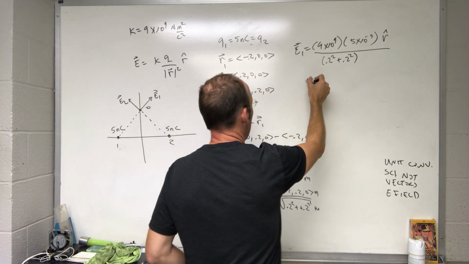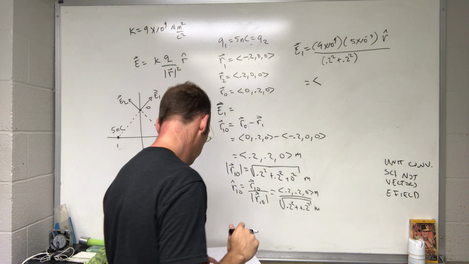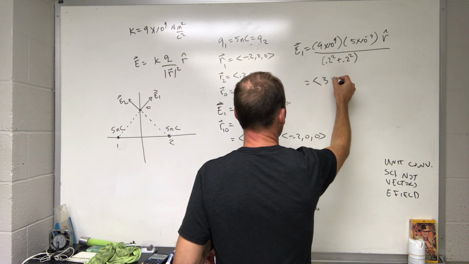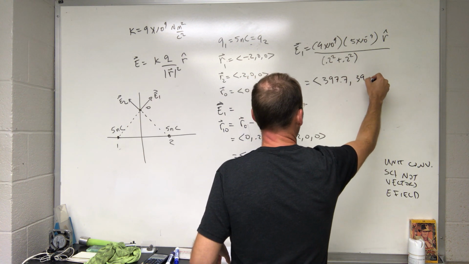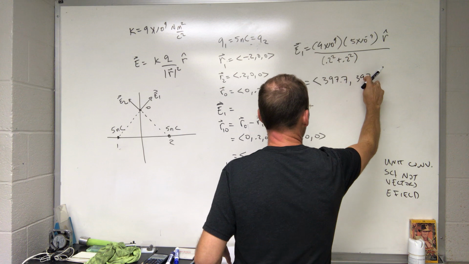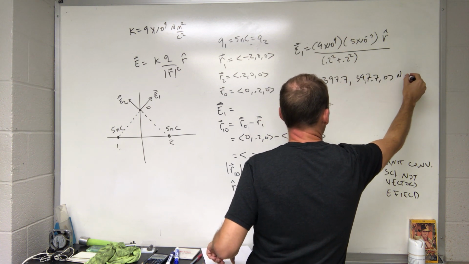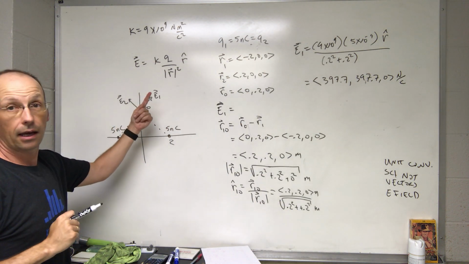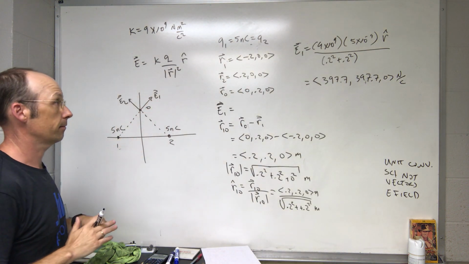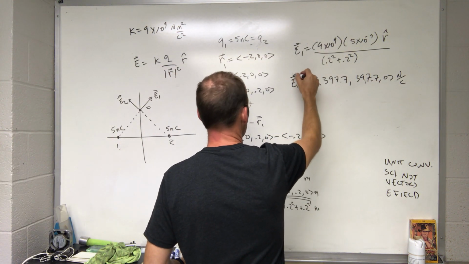If I do that, I get the following vector. You can check your work here: 397.7 newtons per coulomb in each component. So the electric field is in the positive x direction and the positive y direction. That's important.